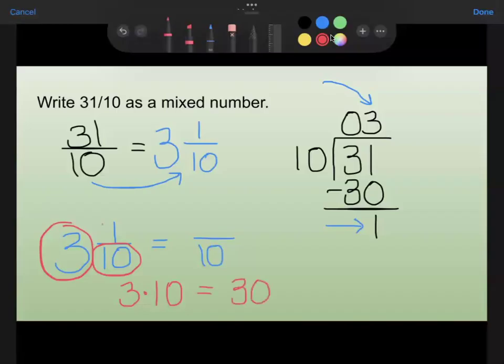And then I would be adding the 1 that's already there to get 31. And that becomes the numerator of the improper fraction, 31 over 10. And I know we're right because we're right back to where we started.